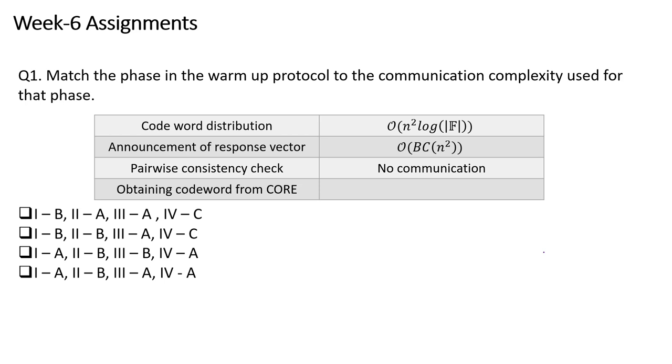So pairwise consistency check, point 3 maps to point A of the right column. Last option is obtaining code word from code. Again I just mentioned that each Pi sends the value Cii to everyone else in the final phase of our protocol, right?